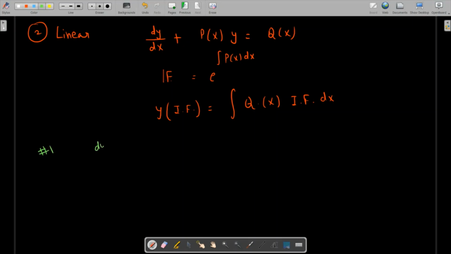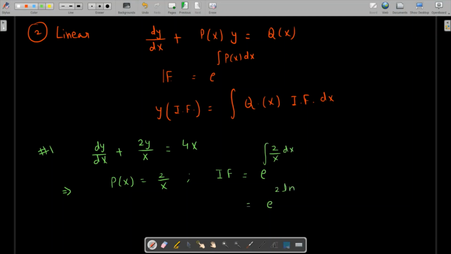So we have dy over dx plus 2y over x is equal to 4x. So let's try to integrate this. We have to first identify what p(x) is. So p(x) is the coefficient of y over here, which is 2 over x. So since p(x) is 2 over x, we can easily find the integrating factor as e raised to the power integral of 2 over x dx. If you integrate this, that's going to be 2 ln x.